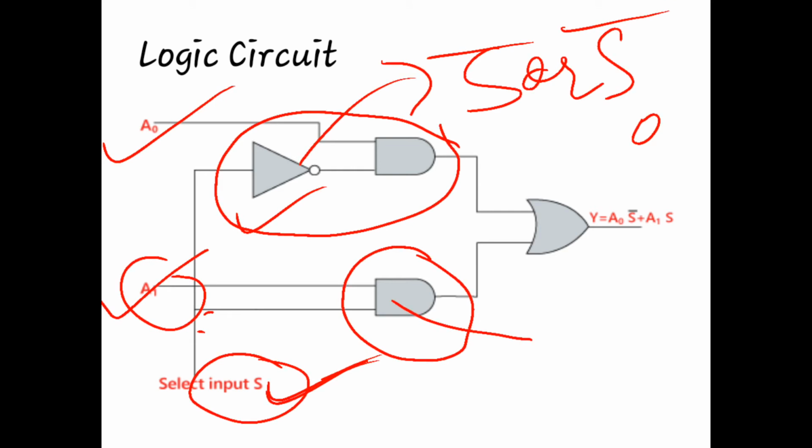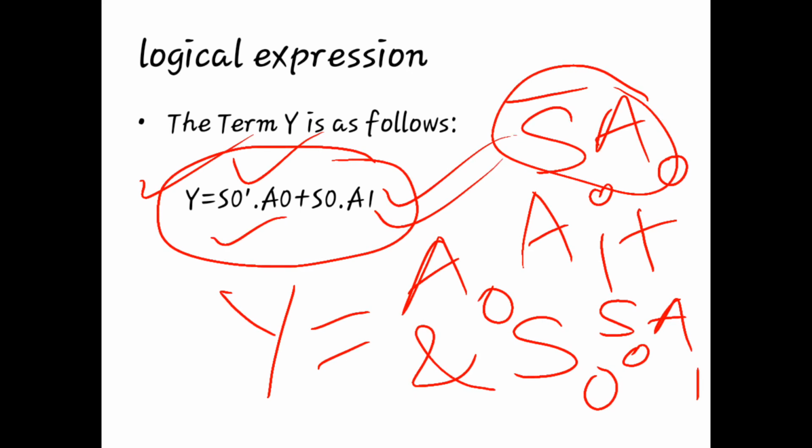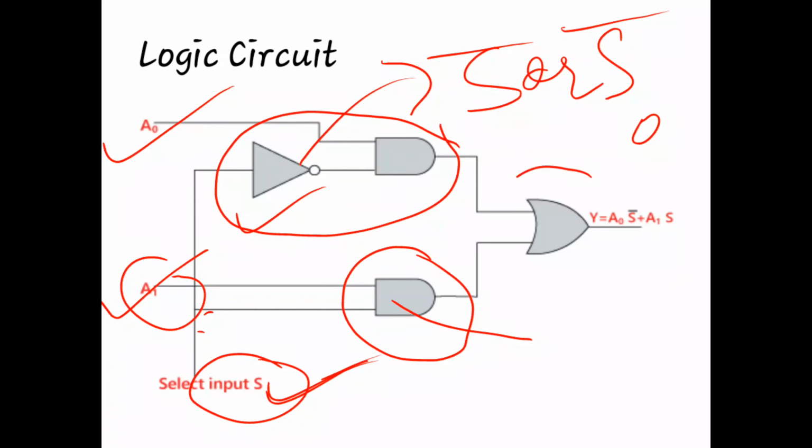And finally, there is an OR between term 1 and term 2. So we are using an OR gate there. So this is the basic concept of the 2x1 multiplexer.